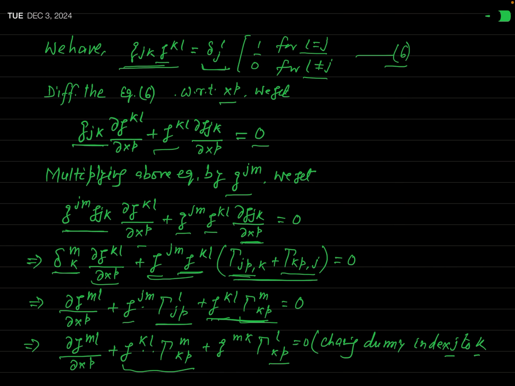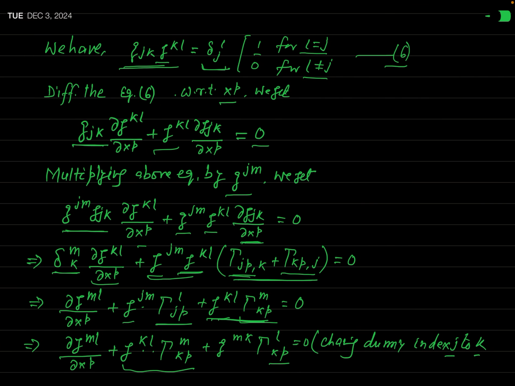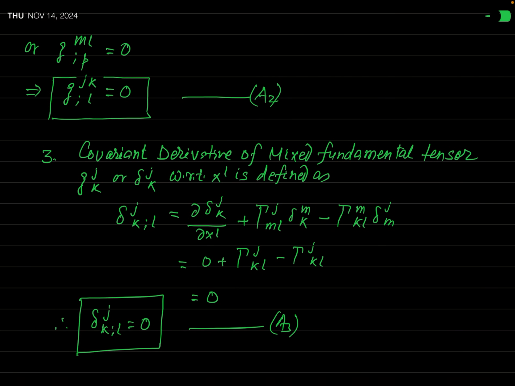But according to the definition of the covariant derivative of a mixed tensor, we have seen that this expression is as defined in equation 5. On the basis of that equation 5, you may write this.